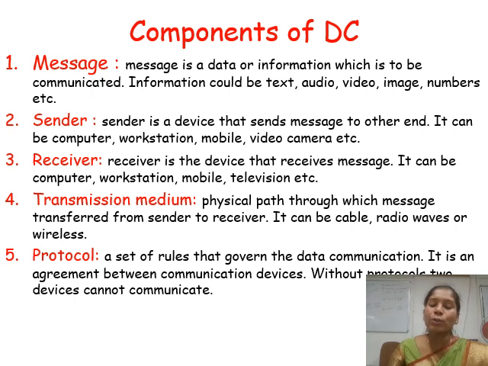These things they should cooperate on between the 2 nodes while sending the data. This set of rules we have to follow during data transmission is protocol. So the 5 main components of data communication are sender, receiver, message, transmission medium, and the protocol.